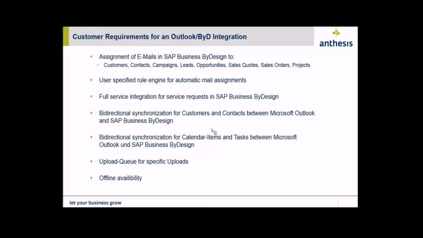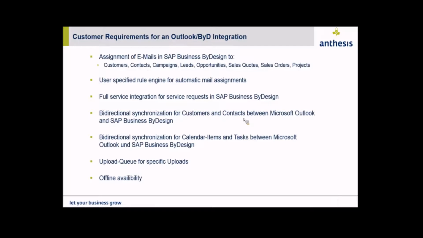Customers want to assign their emails directly from Outlook to their customers, to their contact persons, campaigns, leads, opportunities, sales quotes, sales orders, and projects. To avoid a manual repetition of all these assignments for one and the same mail contact or content, they want a rule engine to automate these assignments.